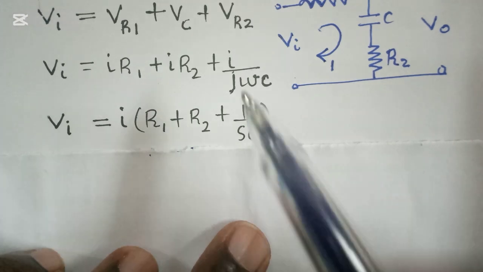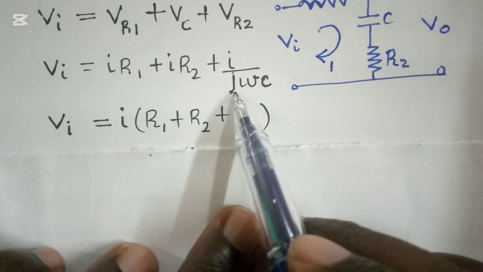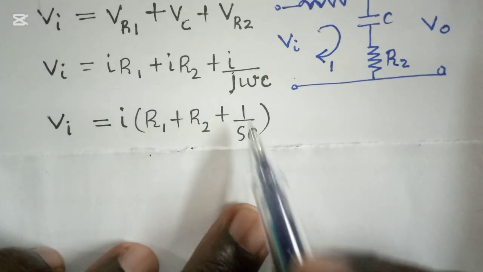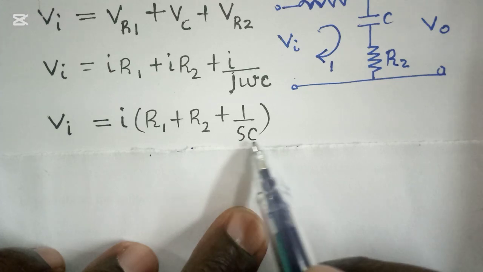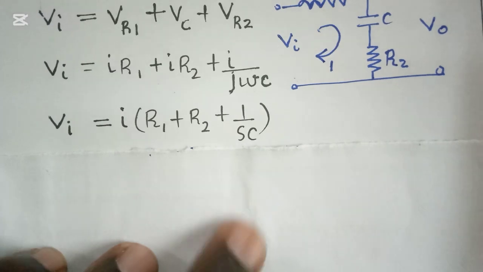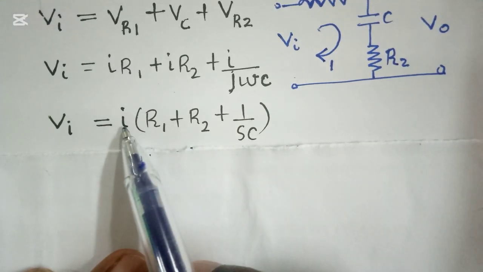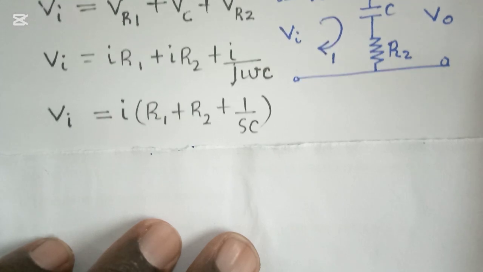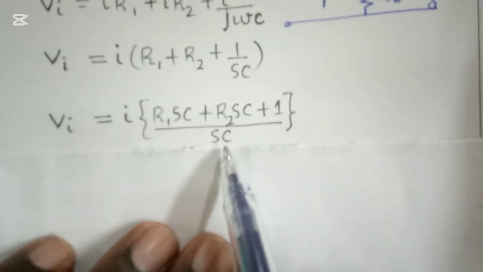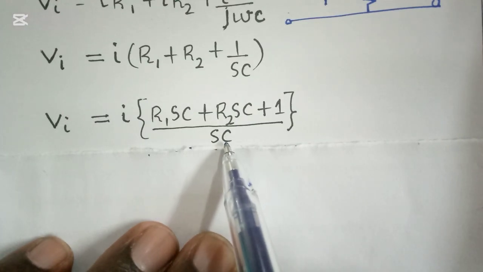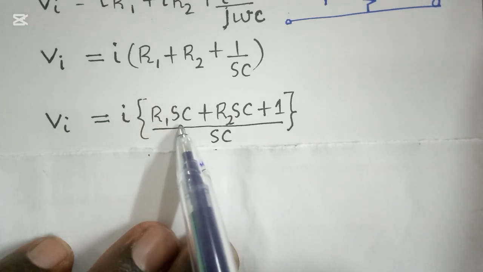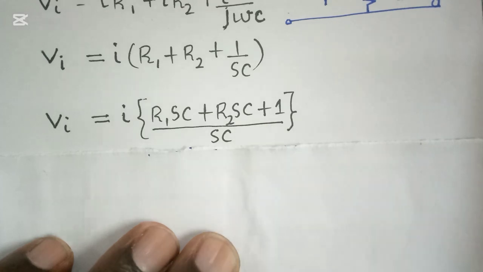From there, we can change this frequency domain to the Laplace domain, which now gives us 1 over SC, whereby jw is equal to S. We also factor out I. When we factor out I, we can write the whole of this in terms of SC, the common denominator. You do the common denominator, you get R1 multiplied by SC, R2 multiplied by SC, now plus 1.